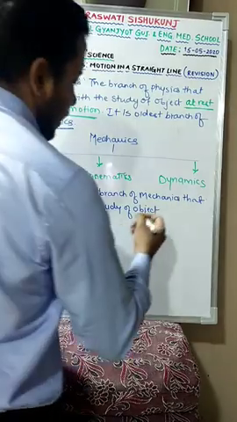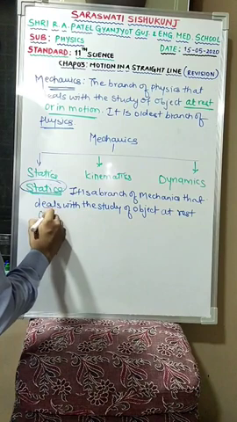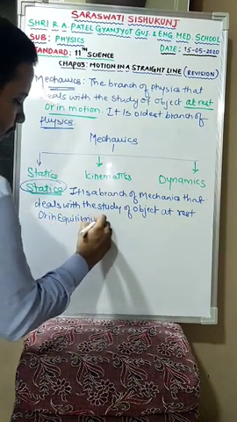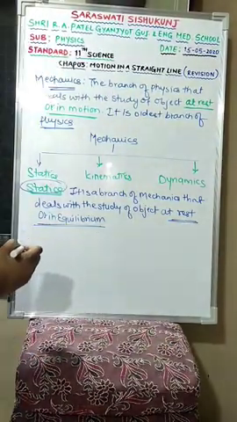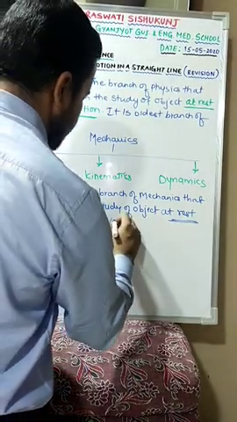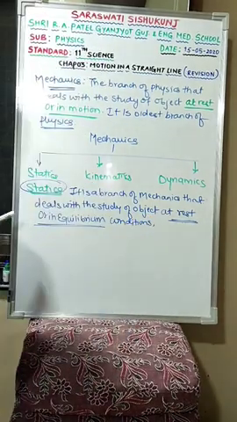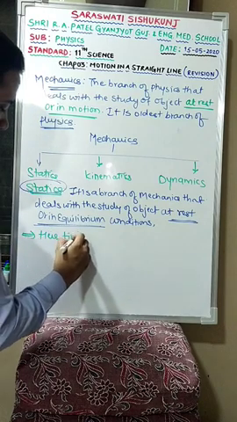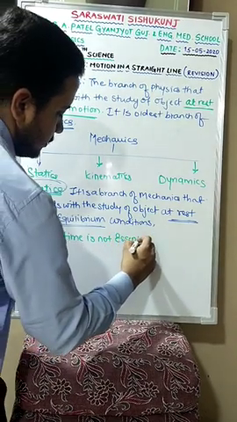Remember, at rest or in equilibrium. It is a branch of mechanics that deals with the study of objects at rest or in equilibrium conditions. Clear? Here, time is not essential.